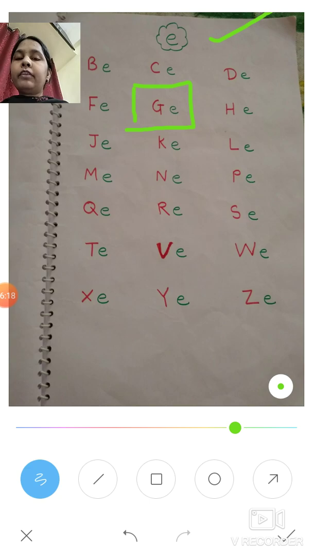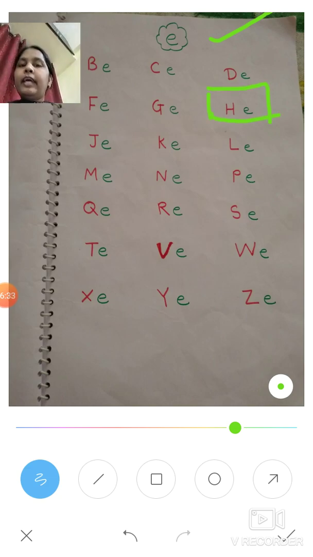Put your finger on that word and read. G and A E. So A gay. Now move to the next word. Put your finger on H. H and A E. So A hey.